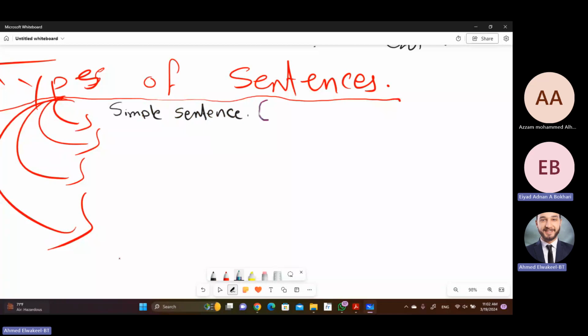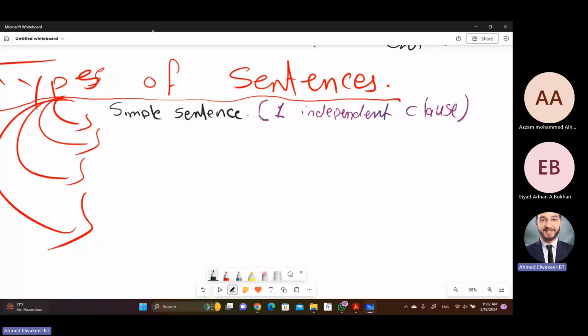Subject and verb, basically. One independent clause. "Cat goes to art." "Iyad likes to work out." "I teach English." One independent clause. So it will be a simple sentence.